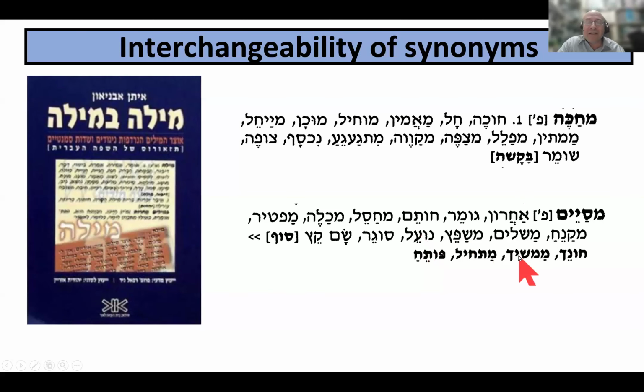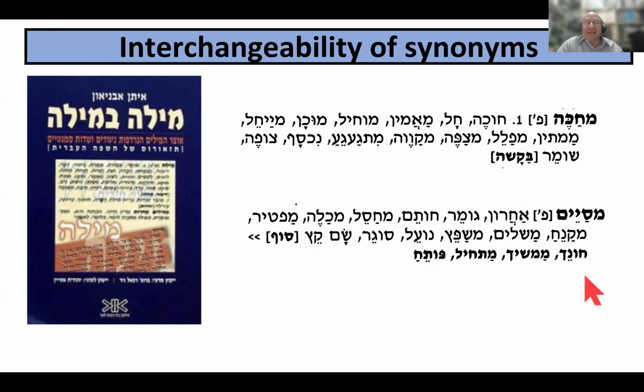Now, there's no indication as to which synonyms are complete replacements, completely interchangeable, which synonyms are partial, and if partial, to what extent, and where they are applicable. I think it would have been too much work for the editors of the thesaurus to do that. It's a monumental work in and of itself, but the users of the thesaurus need this information.